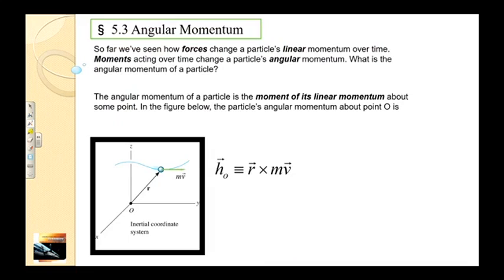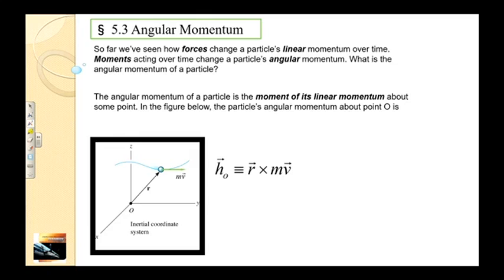So we started with linear momentum. We called that P. We said it was a vector of mass times velocity.